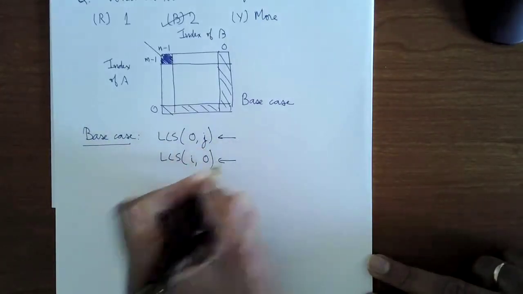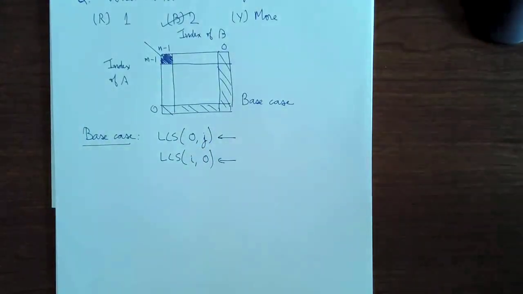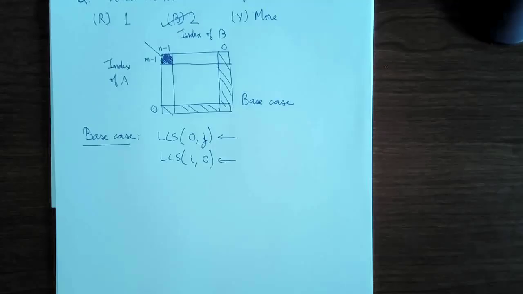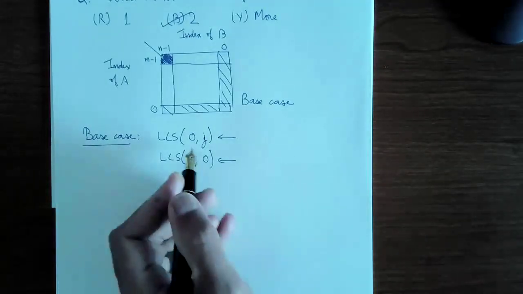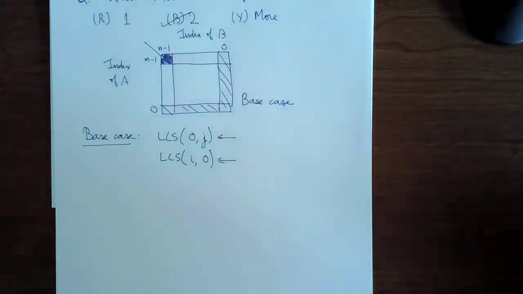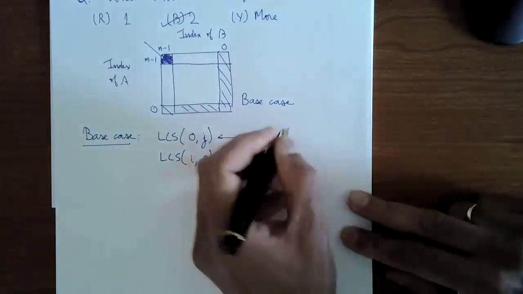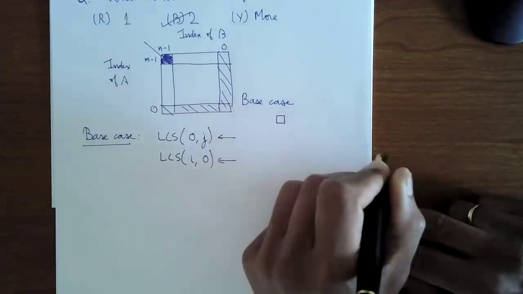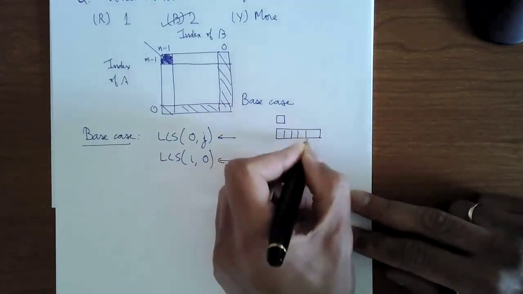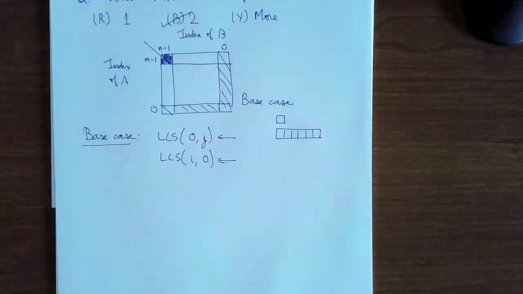How do you solve this base case? Doesn't that just mean there's no common characters? So give me an algorithm that solves this case. Yeah, you're almost there. So what does LCS of 0 and j mean? It means one of the strings is just a single character, and the other one is something longer.